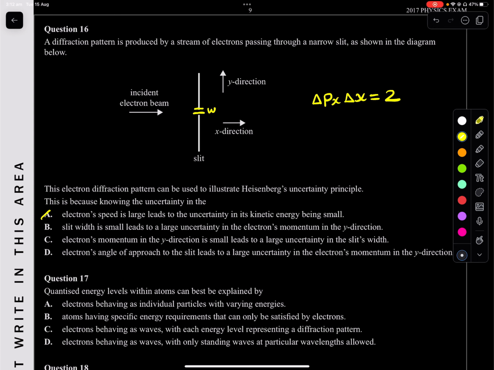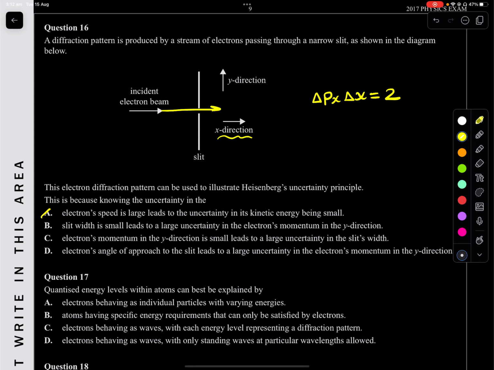We are certain it's going in the x direction, because imagine this arrow, we know it is going right through. But what about the y direction? That's where uncertainty happens. If the width is small, there is more uncertainty in the y direction.